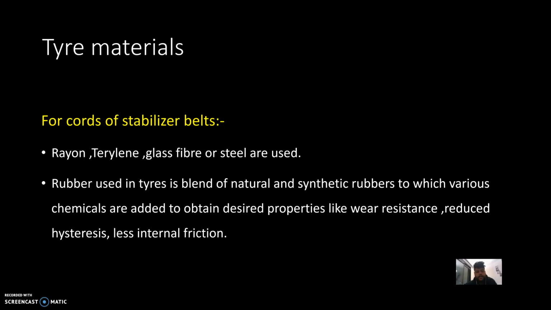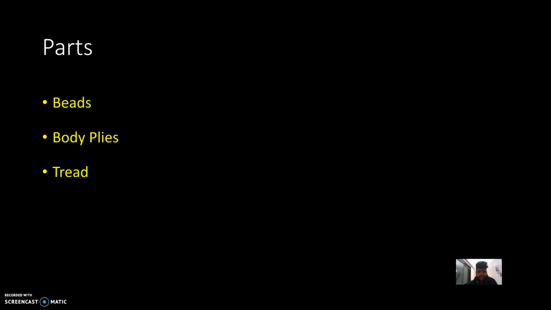Rubber used in tires is a blend of natural and synthetic rubbers to which various chemicals are added to obtain desired properties like wear resistance, reduced high stresses, and less internal friction.